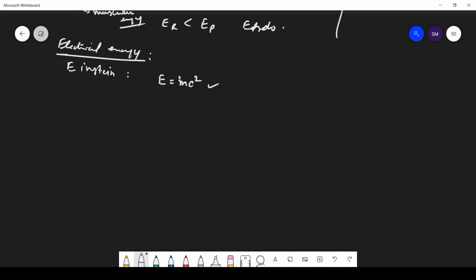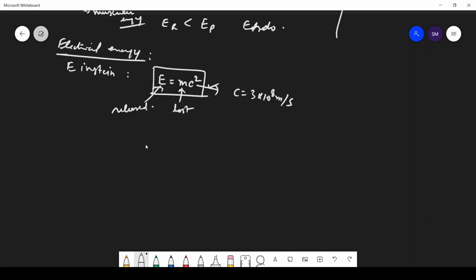Very important formula, students. You will need it in class 12th also. Here m is the mass lost in a reaction and c is the speed of light, that is 3 into 10 to the power 8 meter per second. So E is the energy released if this much mass is lost, that is, this much mass is converted into energy.